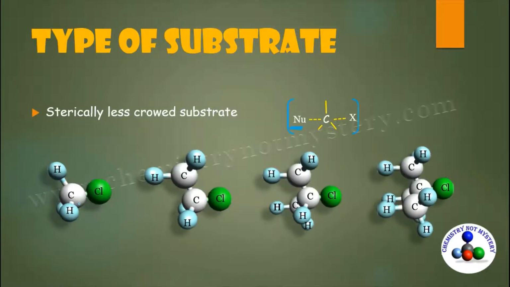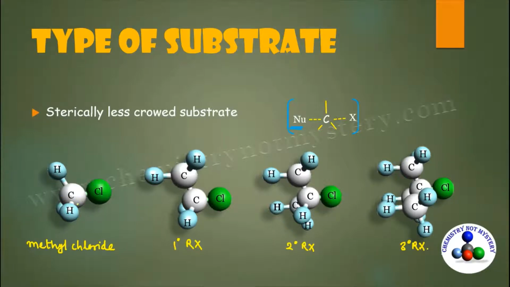When we compare the reactivity of different alkyl halides, the first one is methyl chloride. Second one is primary alkyl halide. Next one is secondary alkyl halide and the last one is the tertiary alkyl halide.